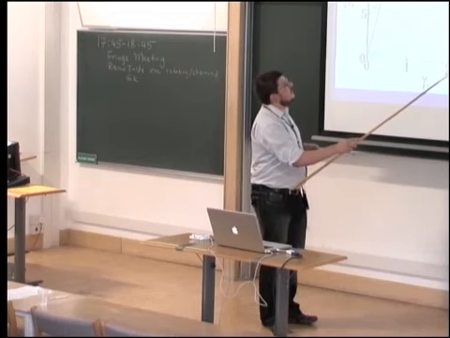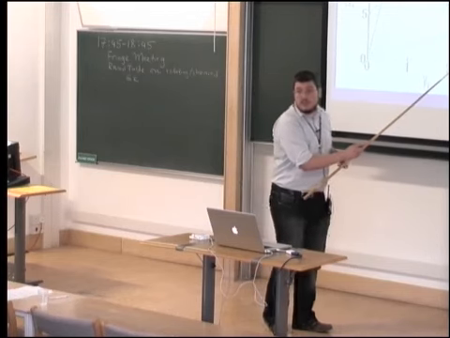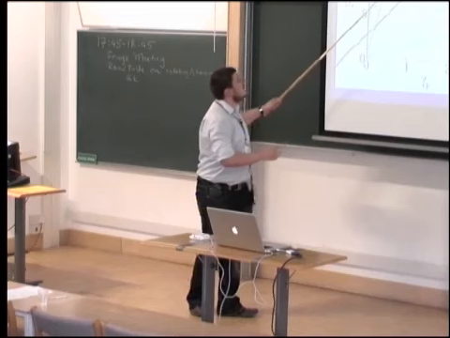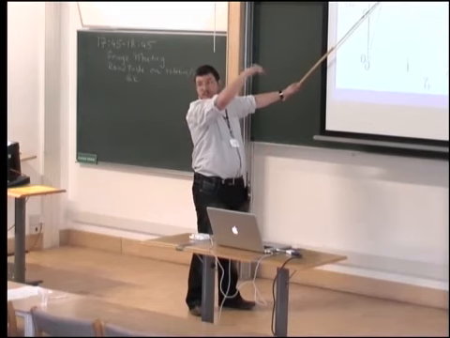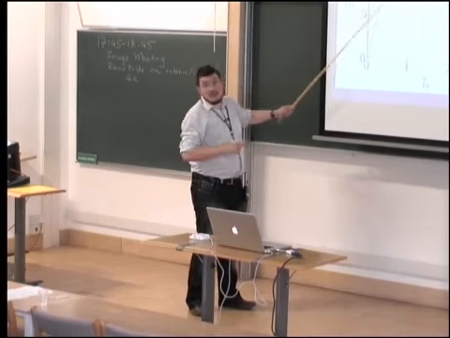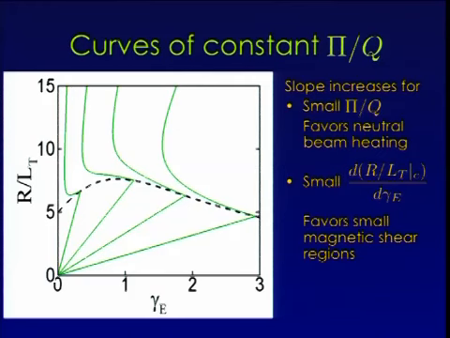Sorry, I drew this incorrectly, it's larger, pi over Q. So you want to come to this region where you have bigger slope. And that actually favors low magnetic shear, because as I said, low magnetic shear has this structure more peaked. So you have a bigger gradient, you have a transition where before you didn't have it.